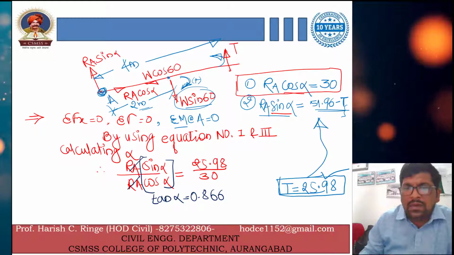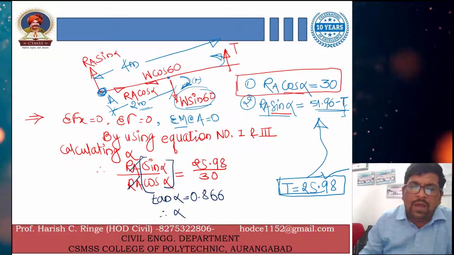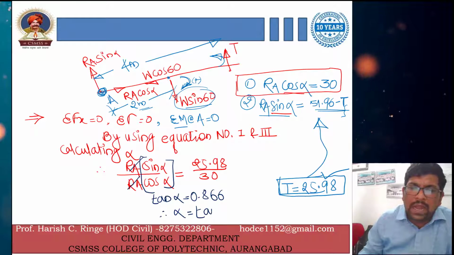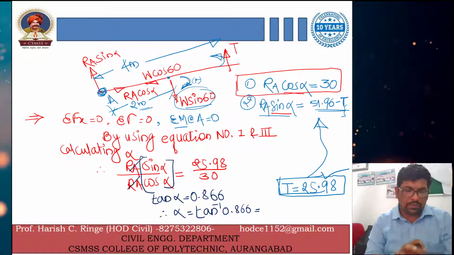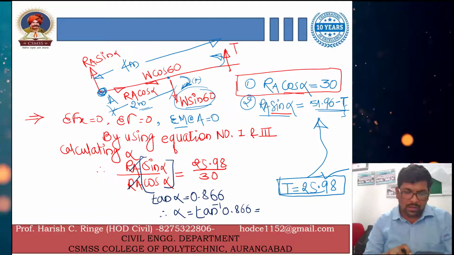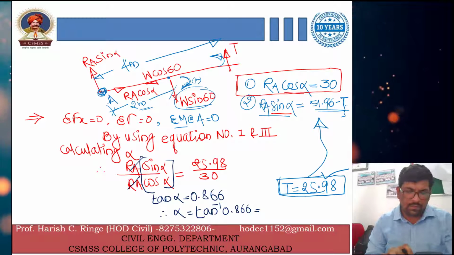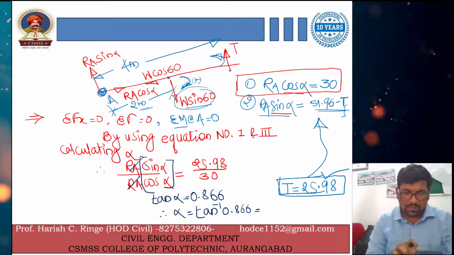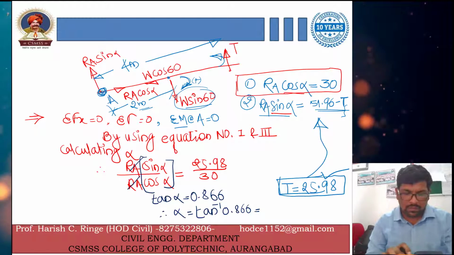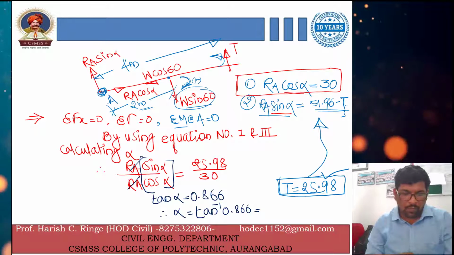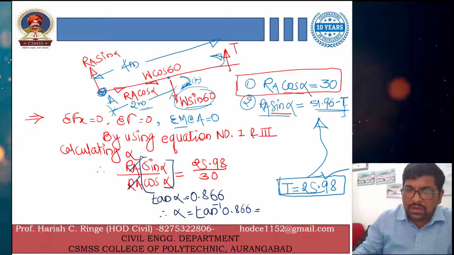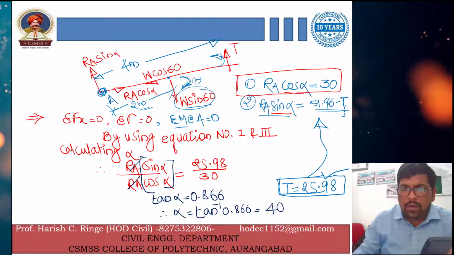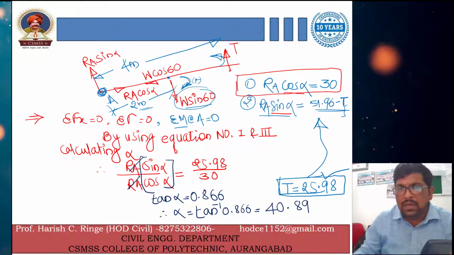And you know that if I want to find the value of alpha, it will become tan inverse of 0.866, which gives me the answer of 40.89 degrees.